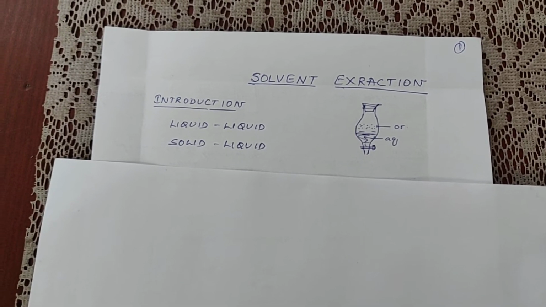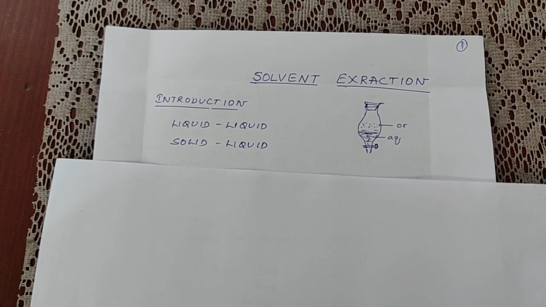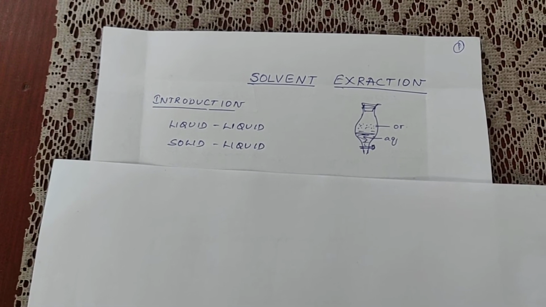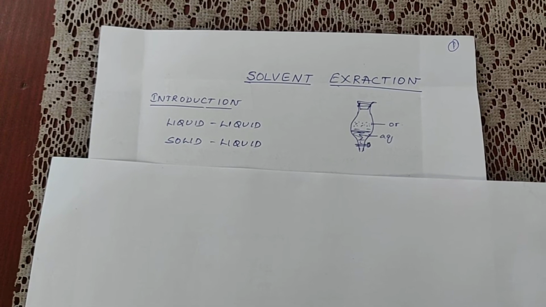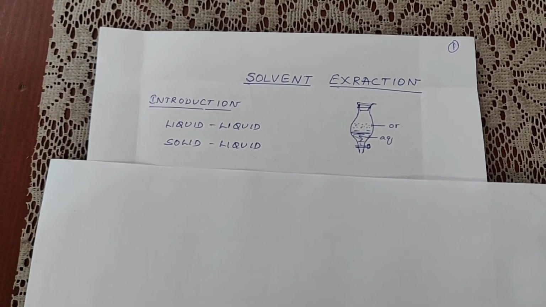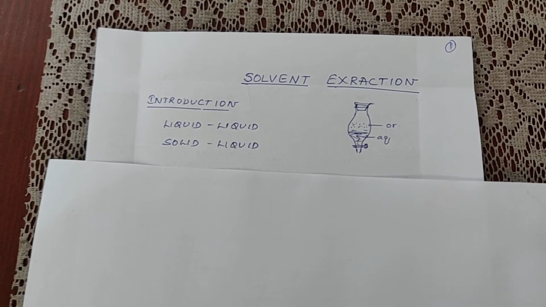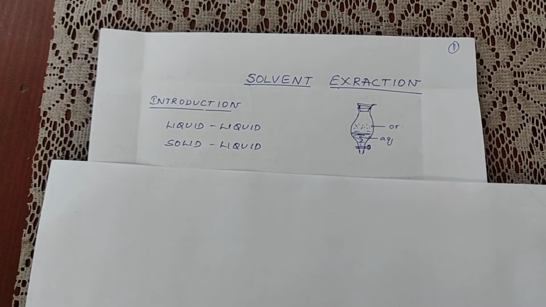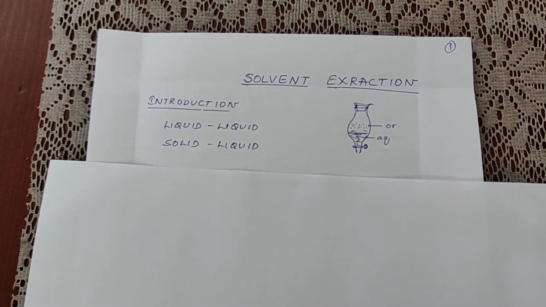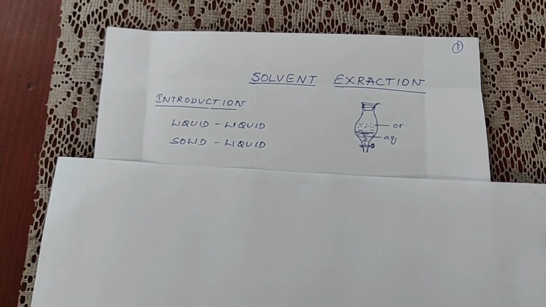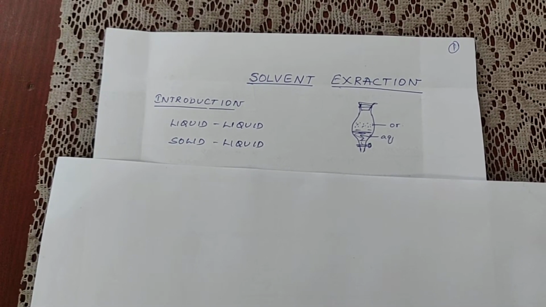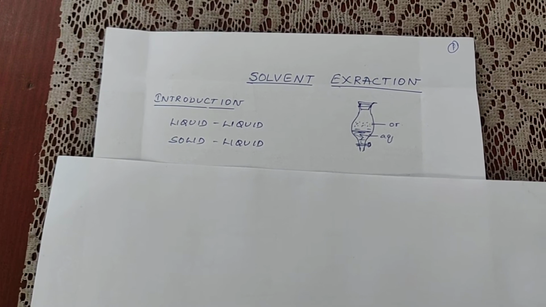For the final year MSc students, we had done an experiment wherein we had isolated nicotine from tobacco leaves. When we did extraction of nicotine from tobacco leaves, if you remember, we had used petroleum ether and an aqueous alkaline water solution in which we had extracted tobacco.